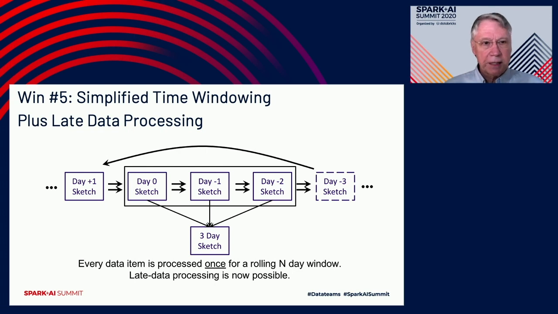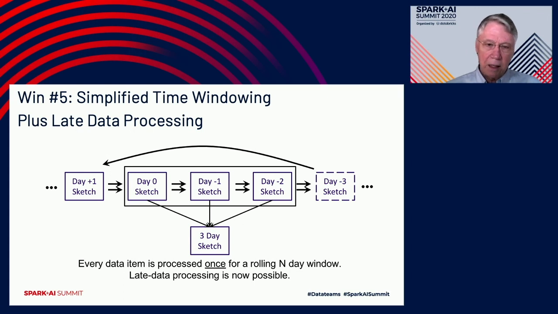Even in time windowing, we see a major advantage. And here's the fifth win. We can put these sketches now in a windowing sequence that can be virtually any length. And now the advantage is that the merging really only needs, each item only needs to be touched once.